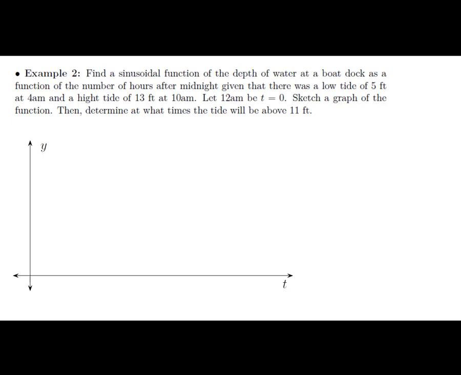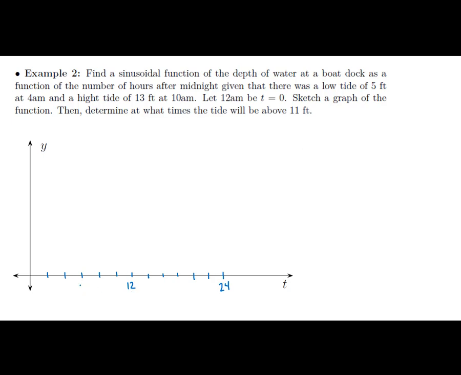So first, let's just kind of get our graph all set up. I think it makes sense to just go ahead and graph a 24-hour period here. So let's go ahead and count by 2s and make a notch every time. So right here is 12 hours. There's 24 hours.